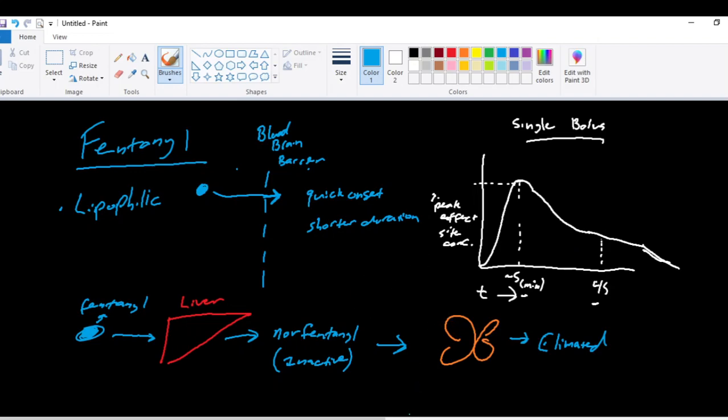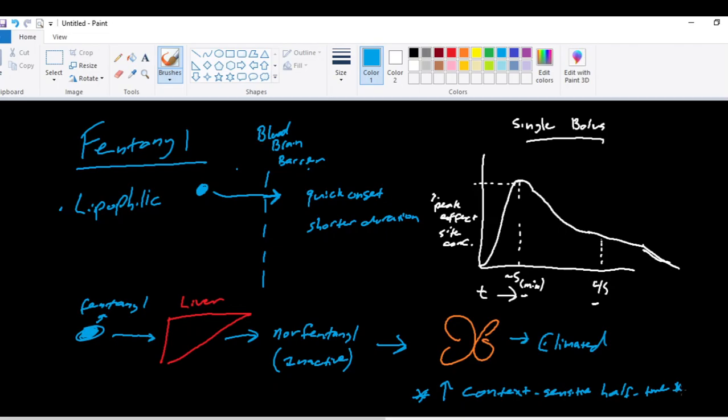And then one final thing to note, and I'll put it in a star right over here, which we talked about in the last video, is that fentanyl has a very large context-sensitive half-time.